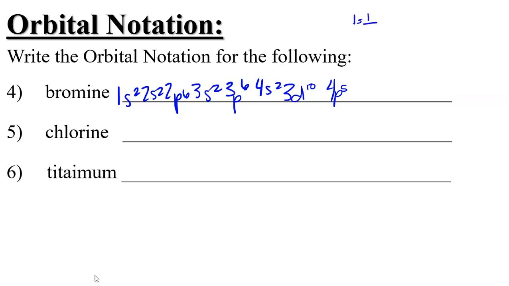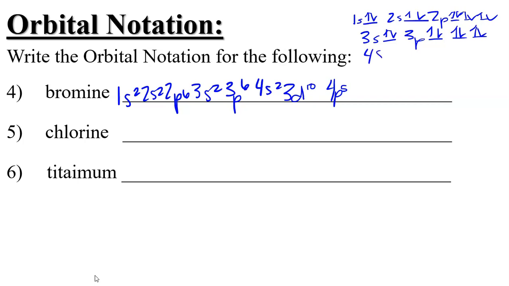We have 1s is filled, 2s filled, 2p is filled, 3s, 3p, 4s, also filled, 3d, and then 4p, but he only has 5 electrons.